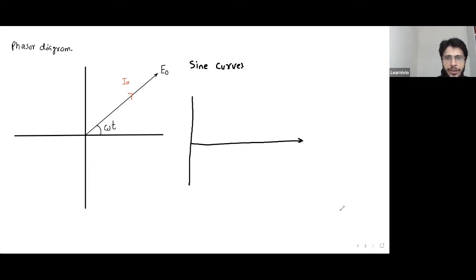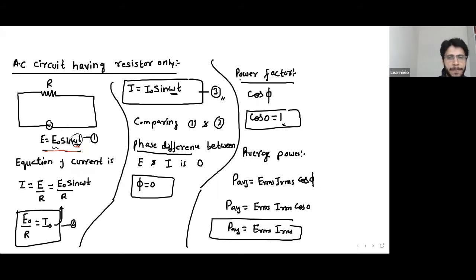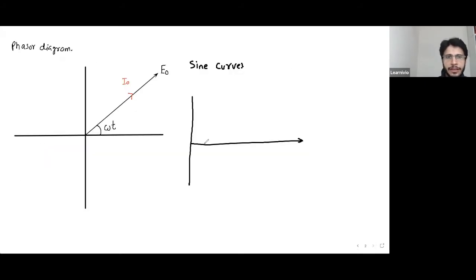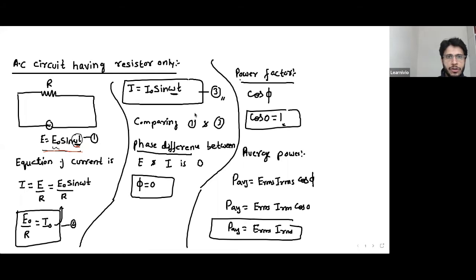See, the equation of EMF is E naught sine omega t. You know how to draw the sine curve. This is time, and this is EMF. This is the graph for the EMF. Then for current, the equation of current is I equals I naught sine omega t.